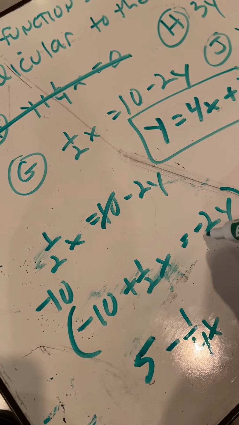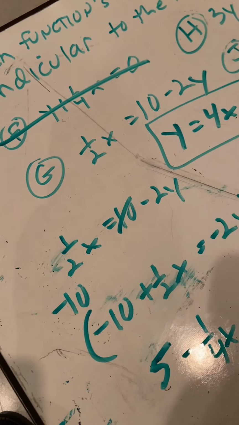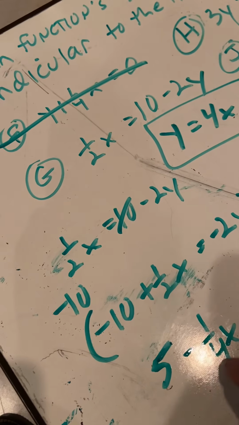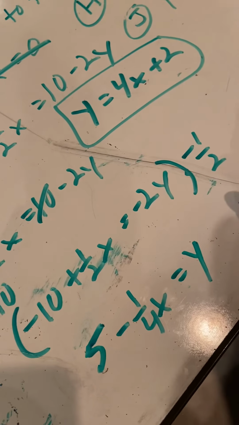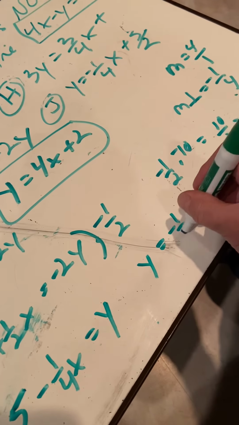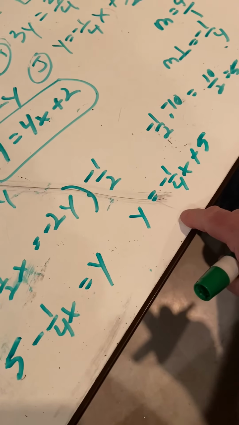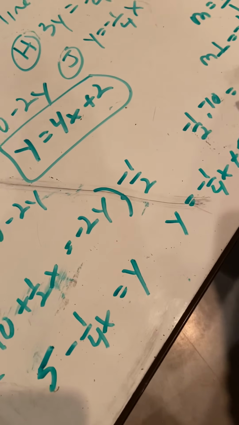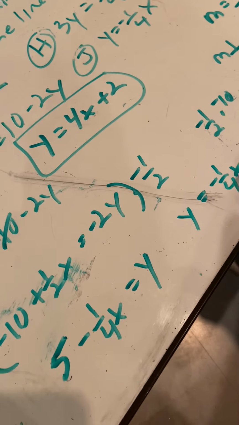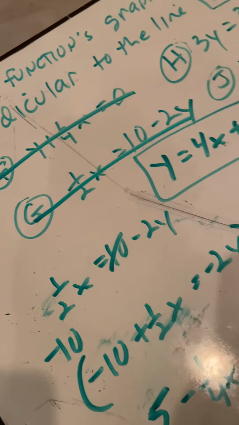Negative 1/2 times negative 2 is 1. So the equation here is y equals 5 minus 1 over 4x. If you want to clean it up, you can simply say y equals negative 1/4 x plus 5. Okay, so our slopes here match, negative 1 over 4. So we know that this one can't work.